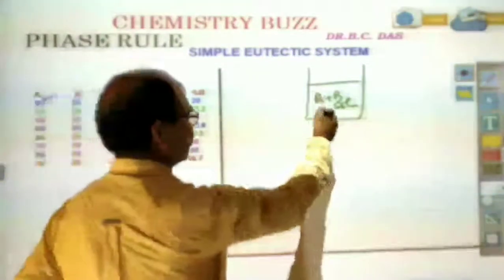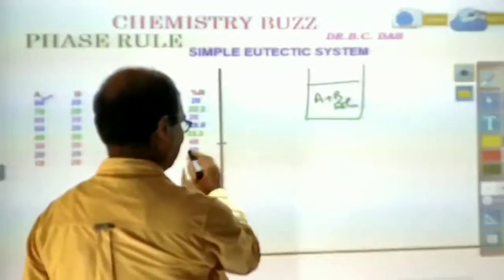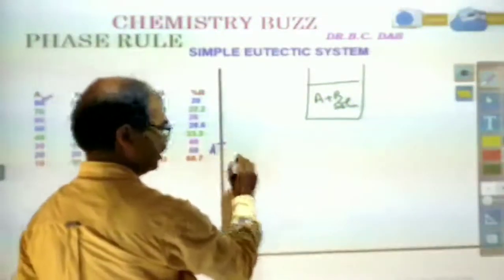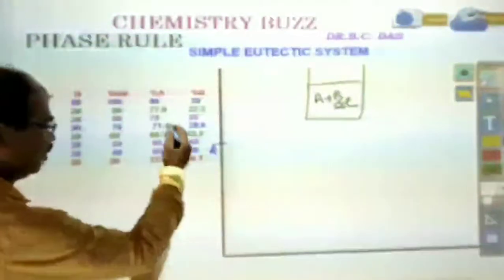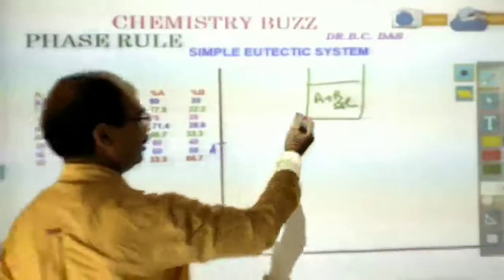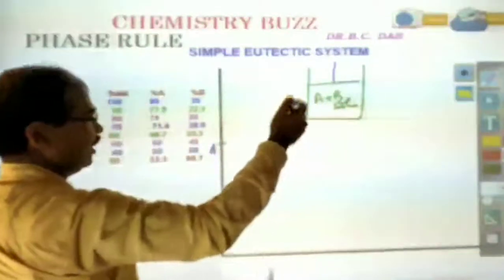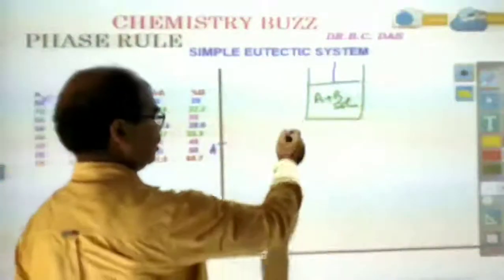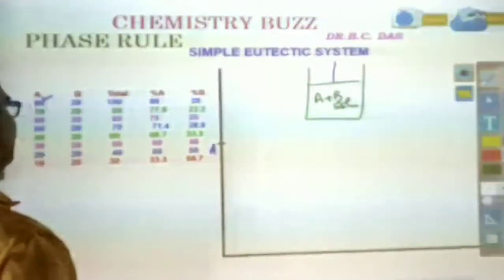So 100 grams we have taken, and it is heated to a very high temperature. So this is A, and we have not considered B here, only A. This is the melting point of A, and it is heated above the melting point of A and the melting point of B. It becomes a homogeneous, single phase solution.